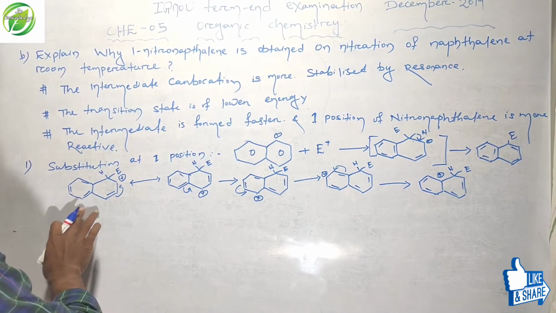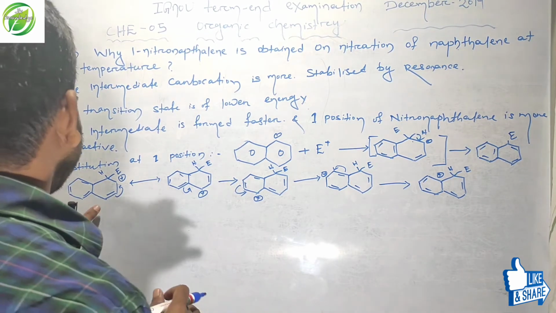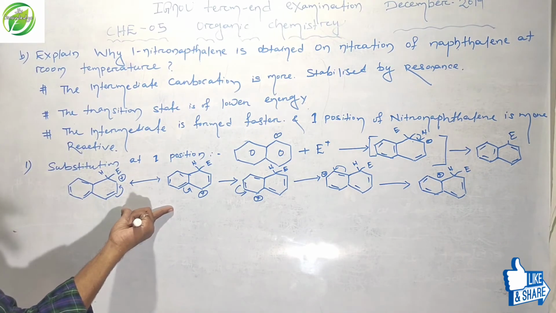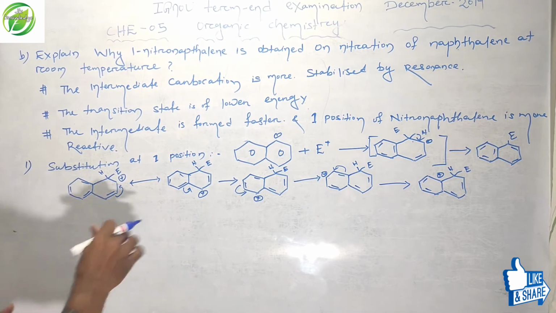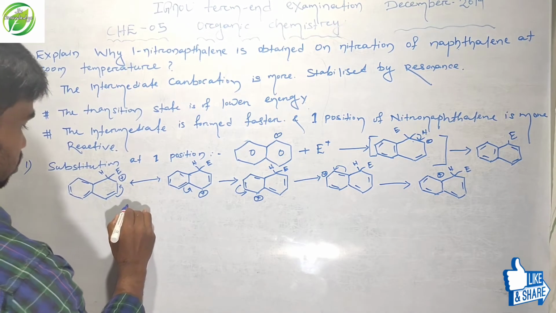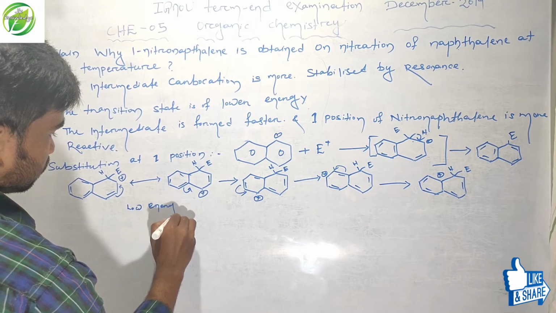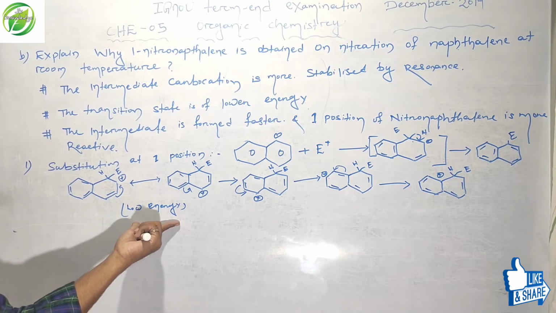Friends, in the first two structures, the benzene ring is intact, so these structures are more stable. These first two structures are more reactive, and their transition state energy is low, and the intermediate carbocation is formed faster.